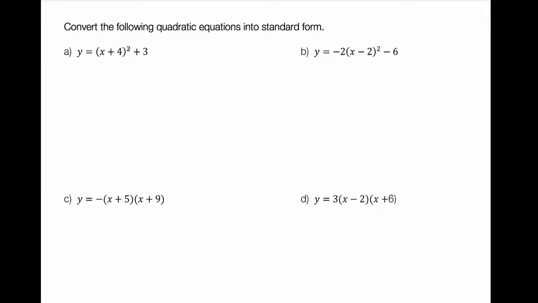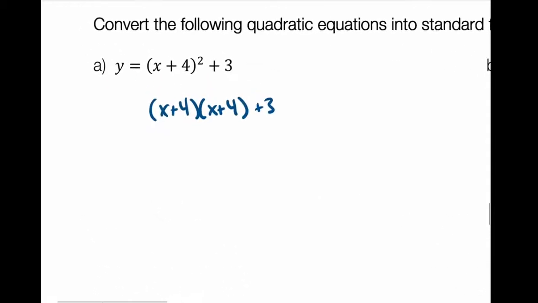I'll do the first one using the FOIL method. So if I want to rewrite this, x plus 4 squared is basically just saying x plus 4 times x plus 4. The plus 3 stays on at the end. I'm going to worry about that after.